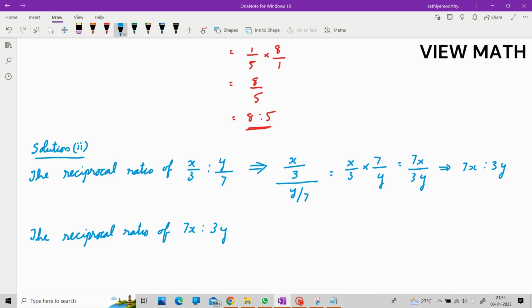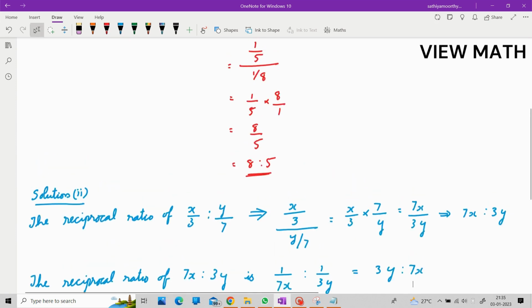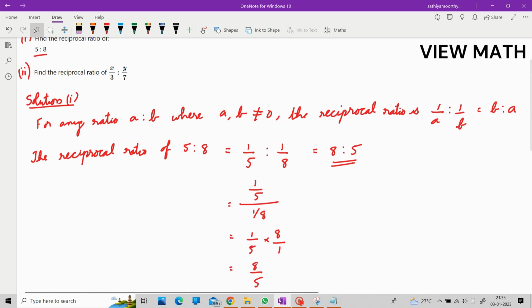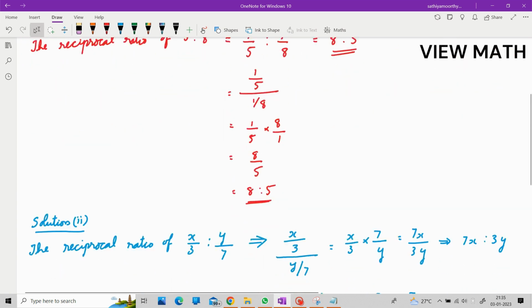So the reciprocal ratio of 7x is to 3y is 1/7x is to 1/3y, which is equal to 3y is to 7x. So you can see the formula. The reciprocal ratio is just the reciprocal I am taking, and then just by cross multiplying, B is to A.